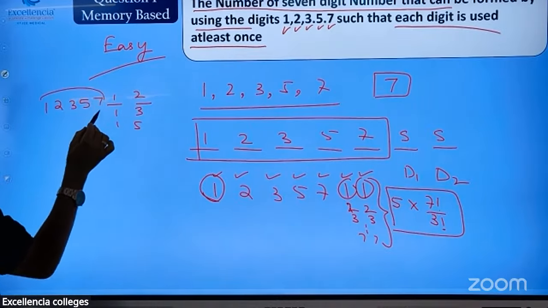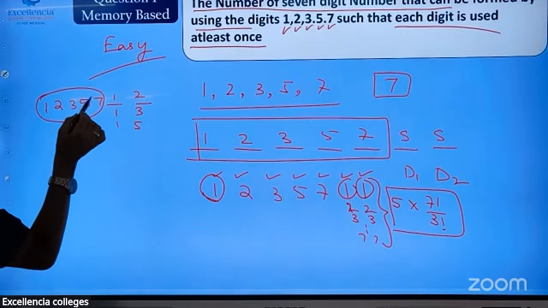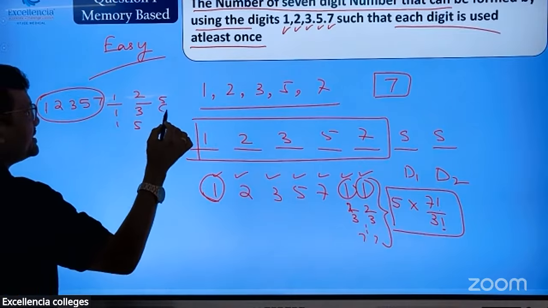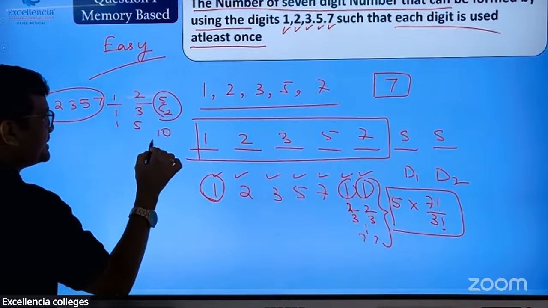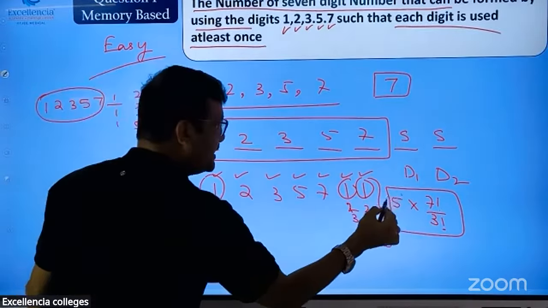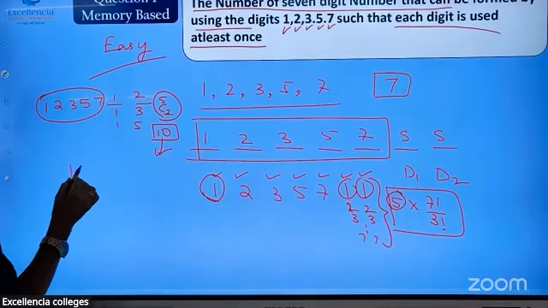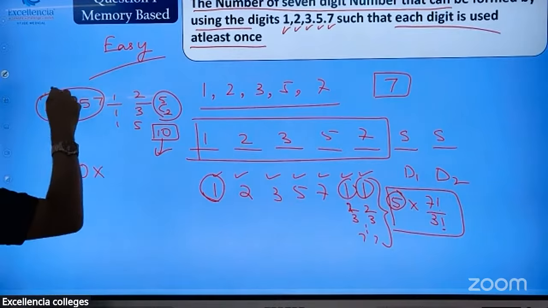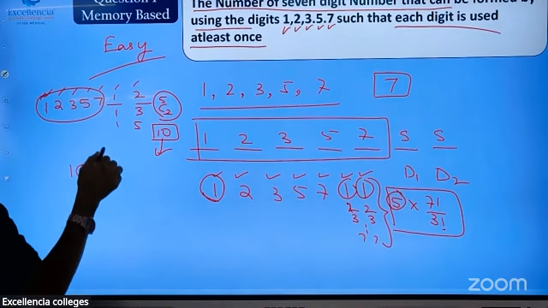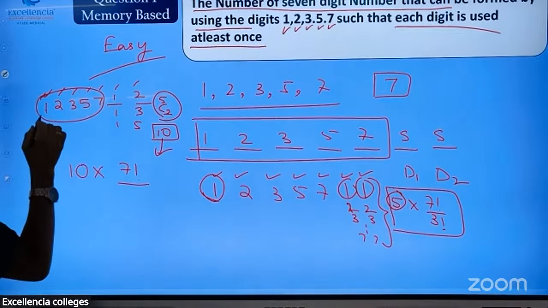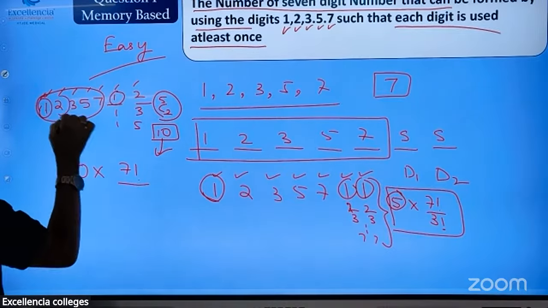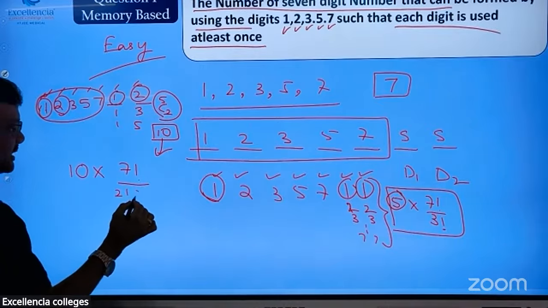Among that combination, 5C2 is 10 ways. Here we have 5 ways, and here we have 10 ways. Each is multiplied by arrangements of 7 places, and for a number repeated twice we divide by 2 factorial.